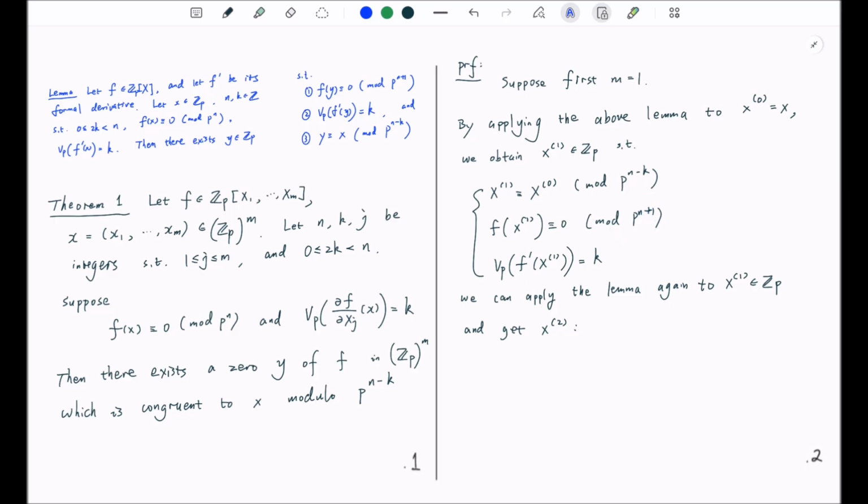So from here to here, we're going to replace this n in the lemma by n plus 1. So every n here will be replaced by n plus 1. So this will become p to the power n plus 1 minus k, and this will become p to the power n plus 2.